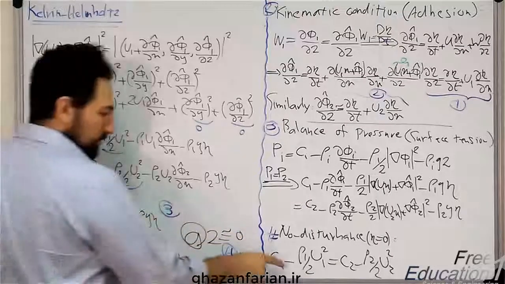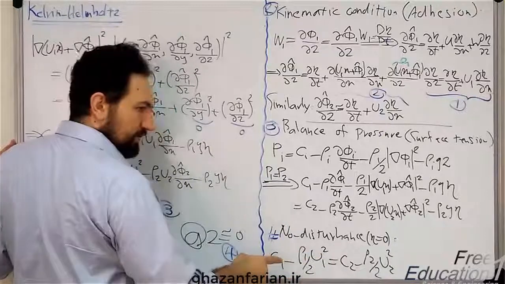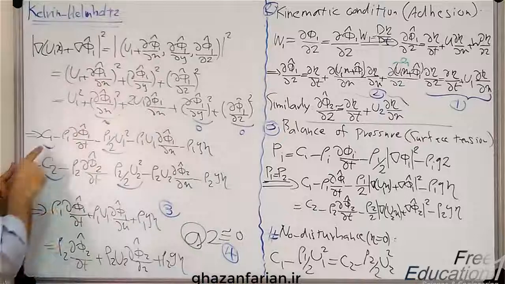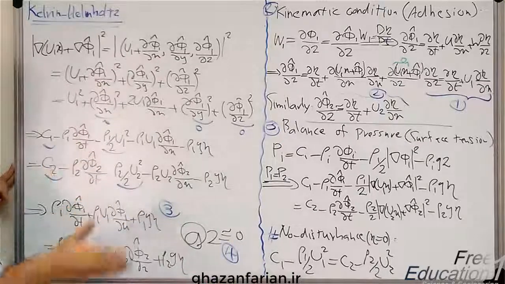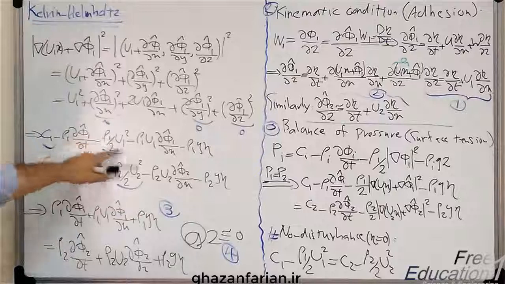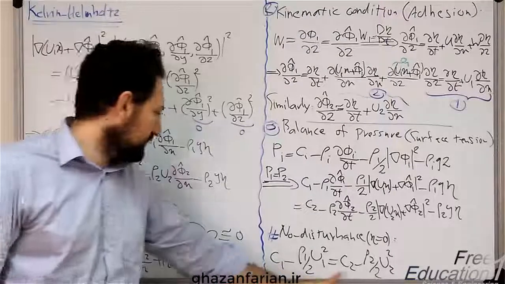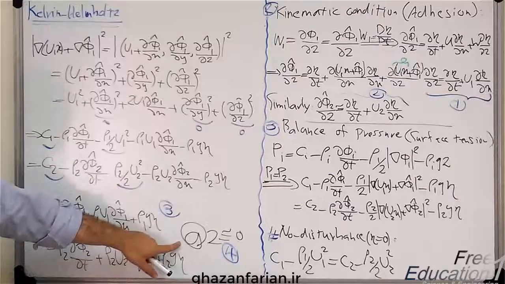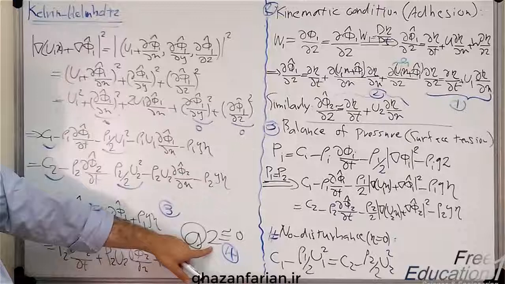Here, based on the simplified form of Bernoulli's equation for the case with no disturbance, you can cancel the 4 terms from both sides of the equation. As you see, these 4 terms are completely similar to the balance of pressure for the undisturbed case. So this is the final form of the balance of pressure, or the linearized dynamic condition, which is true for z equal to 0.